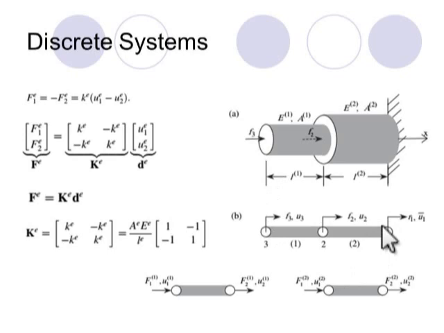Okay, now let me write the forces and displacements at these nodes. On the right hand side, my system is anchored to the wall, it's fixed, which basically means that I know the displacement for node 1.